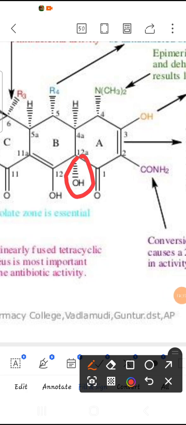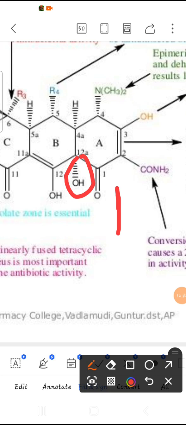The AB ring must be cis with this group for better activity. Esters here at 12a may produce inactive compounds, because they can be readily hydrolyzed in aqueous media. That's why they are inactive compounds.